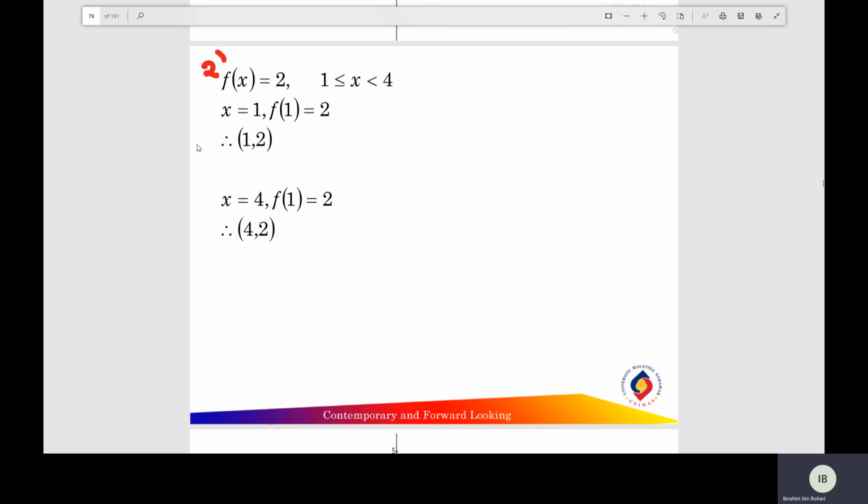So here is the constant function, and the domain of the function here is less than 4 and greater than or equal to 1. First, when x equals 1, you check the first value of x equals 1, and you find the value of y.